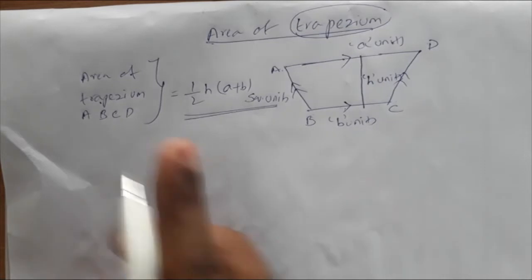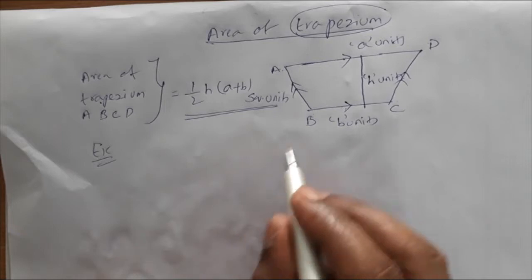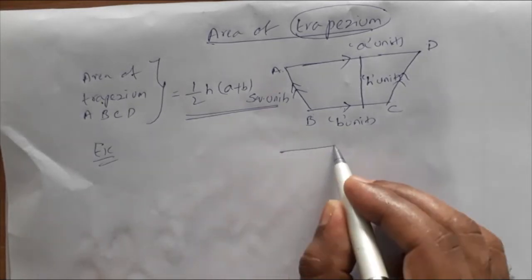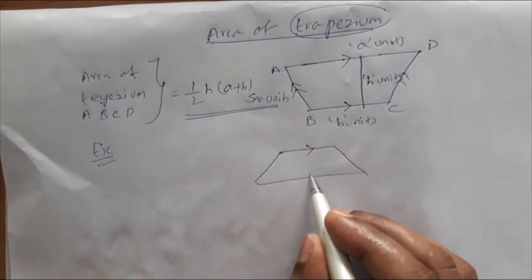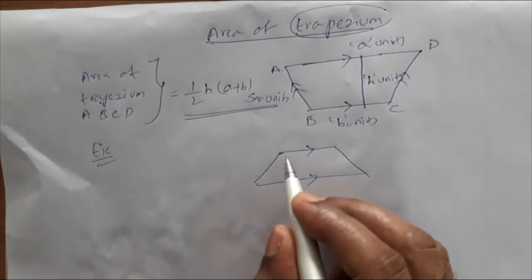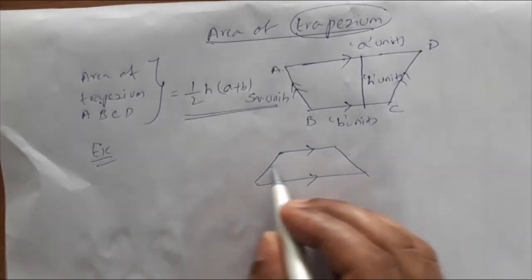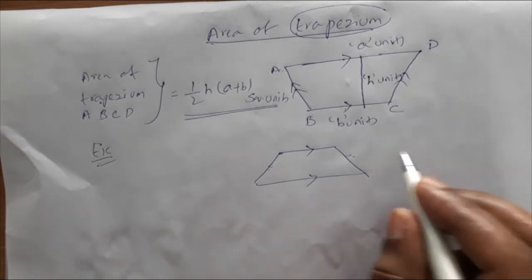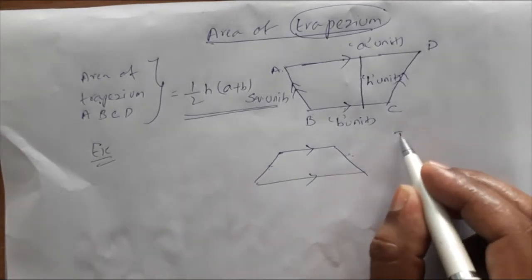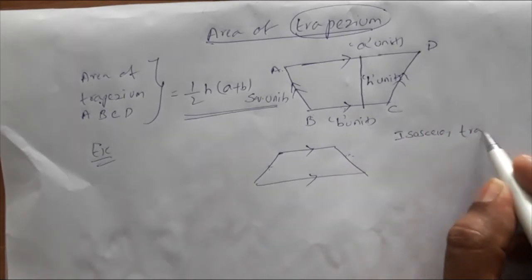For example, let us take some example problems. Okay. So let us take one trapezium like this. And these two are parallel sides and these two are not parallel sides. Suppose if these two are also equal, that means non-parallel sides are equal, then we can say that it is an isosceles trapezium.